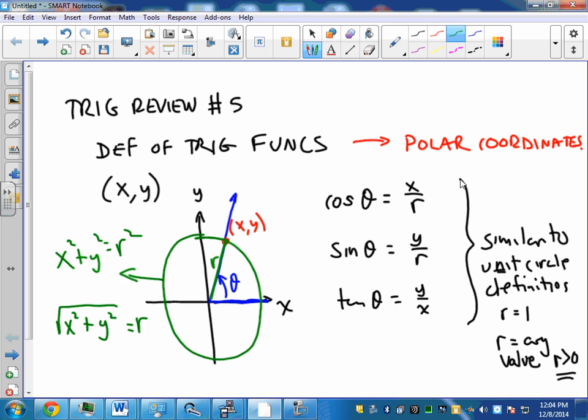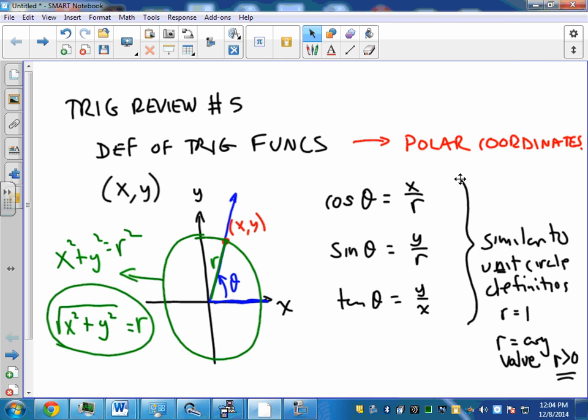And again, if we're talking circle geometry, r is always going to be positive. Radiuses are positive. When we get into polar coordinates, we will allow r to be both plus or minus the square root of x squared plus y squared. But for now, let's assume r is positive.